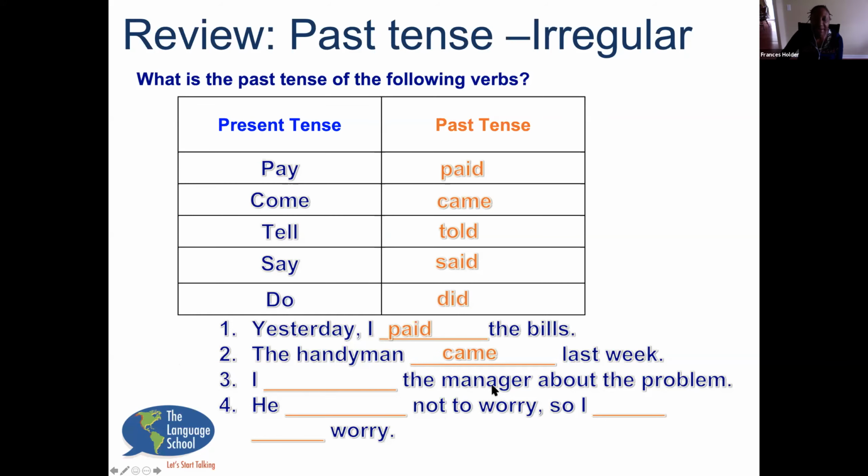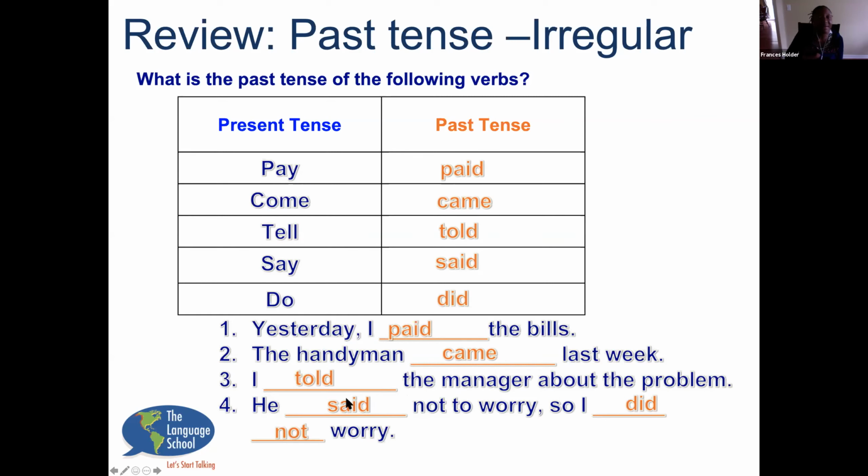Excellent. Number three. I told the manager about the problem. Excellent. Number 4. He said not to worry.